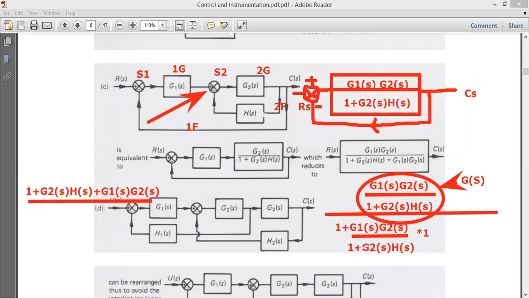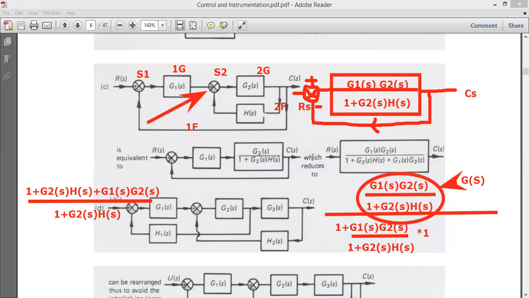So divided by 1 plus G2 of s multiplied by H of s. It is like this.